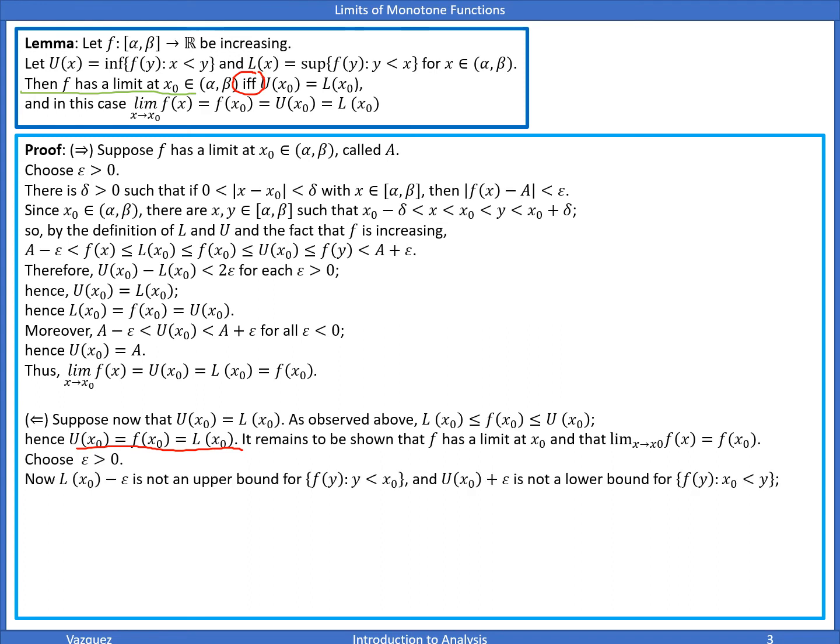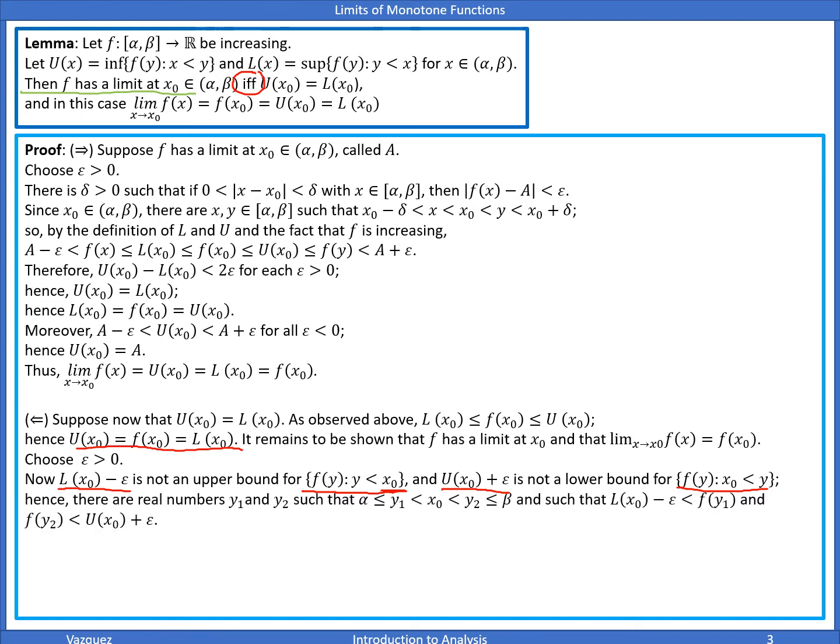So choose epsilon greater than 0. Now L of x naught minus epsilon isn't an upper bound of this. Why is that? Well, because it's to the left of x naught, so it can't be an upper bound of it. And similarly, U of x naught plus epsilon isn't a lower bound for this because it's to the right of x naught, not to the left of it.